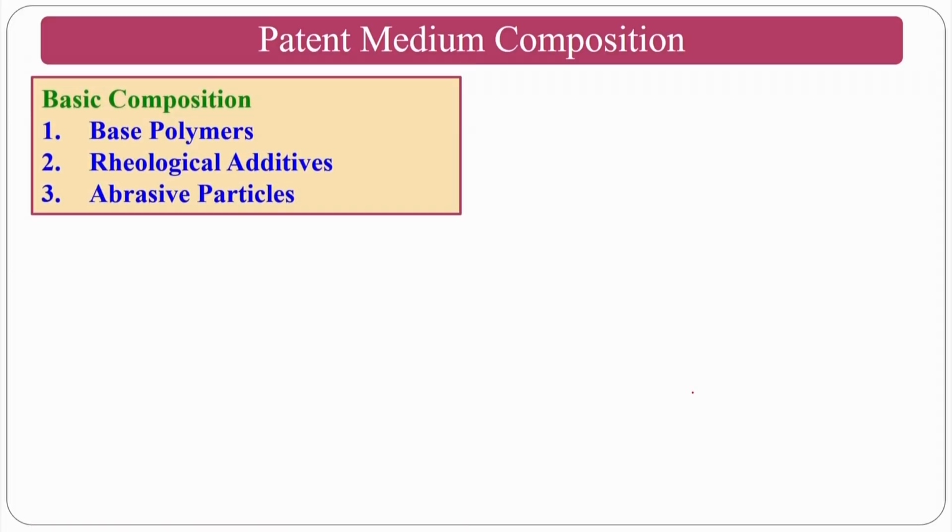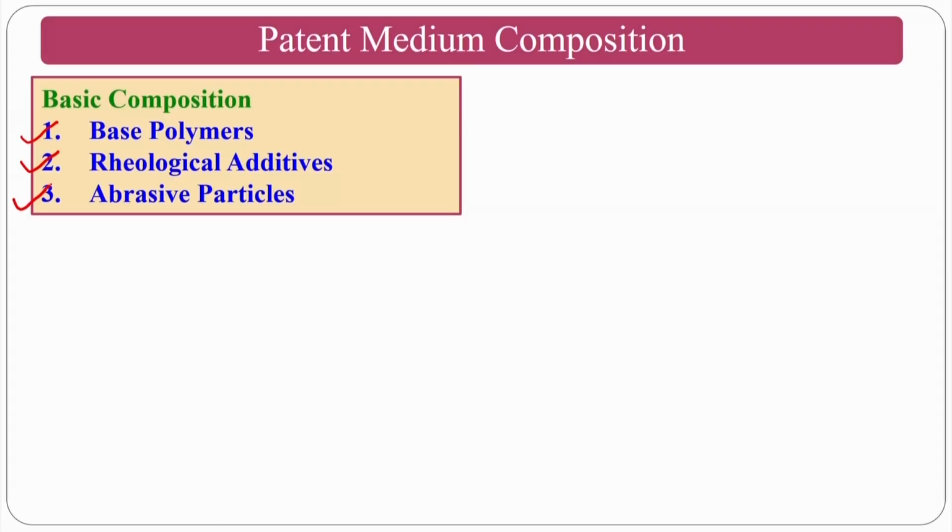The medium has been patented by a few researchers across the globe, and our group has also done a patent composition. Some of the ingredients, not all of them, we cannot disclose. One of them is base polymers, then rheological additives like softeners, hardeners, plasticizers, antifungal agents, antibacterial agents and many more, along with abrasive particles and other things.